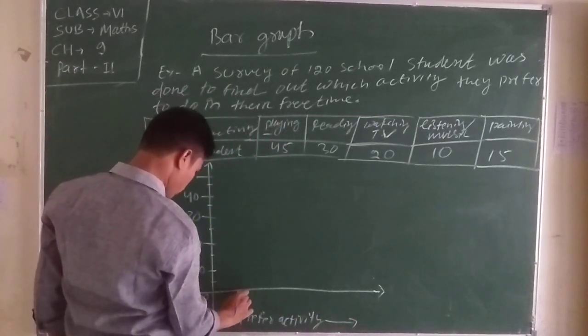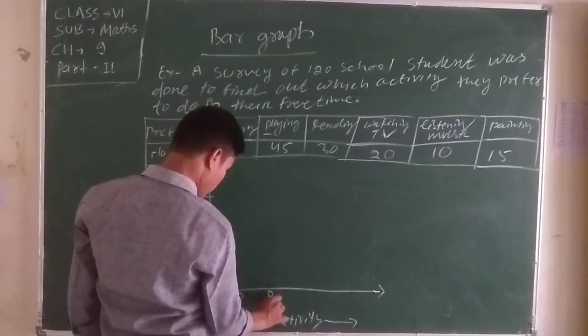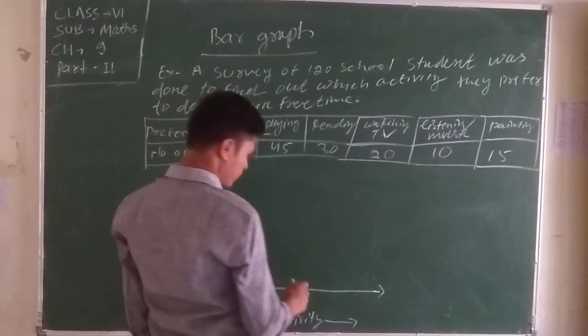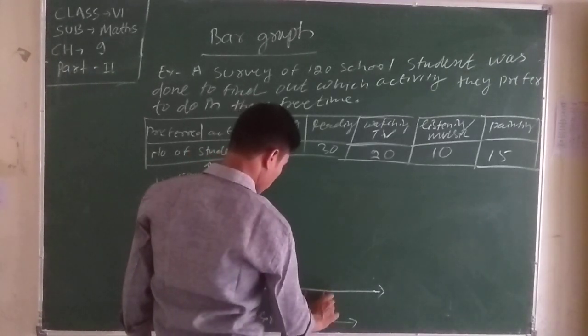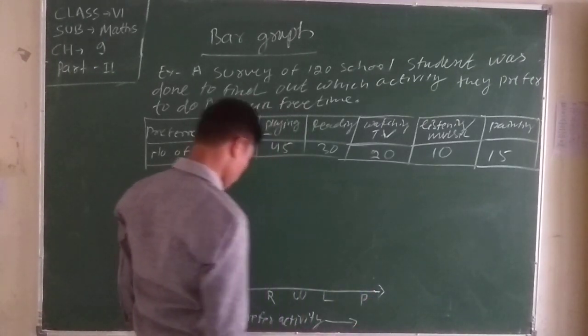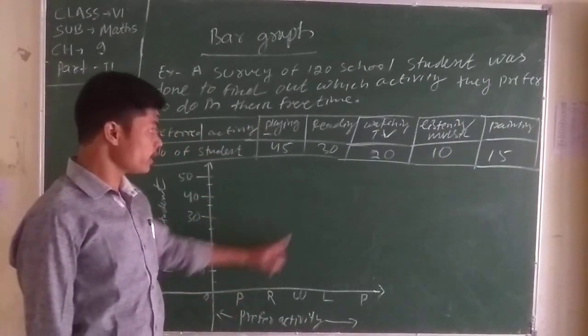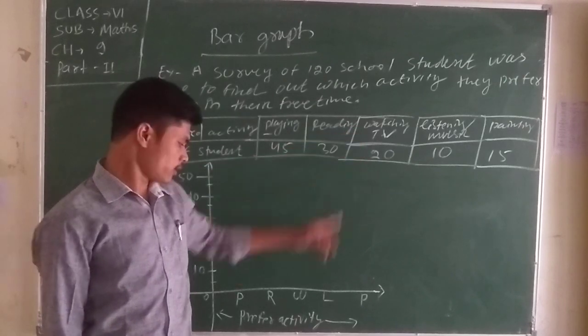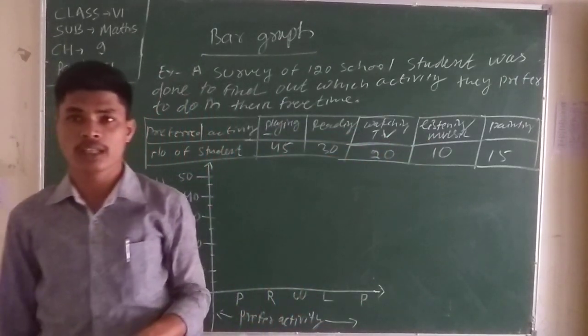I write P, shortly P. P for playing, R for reading, W for watching, L for listening, and P for painting. According to here, playing for P, reading for R, watching for W, listening for L, painting for P. Okay, clear, understood?